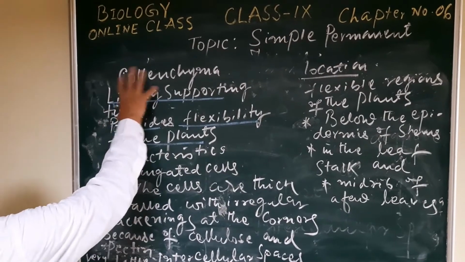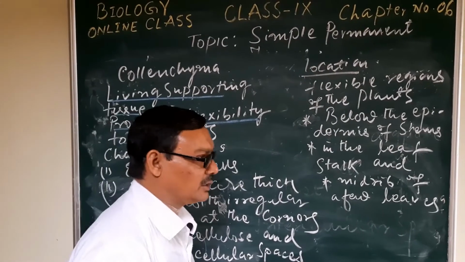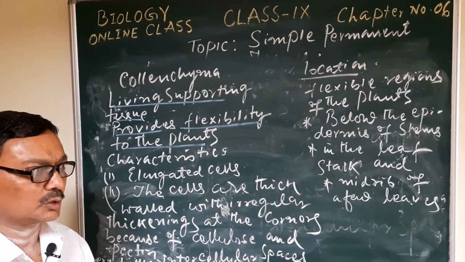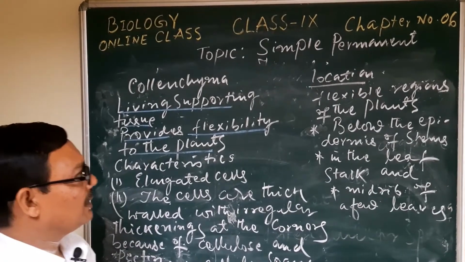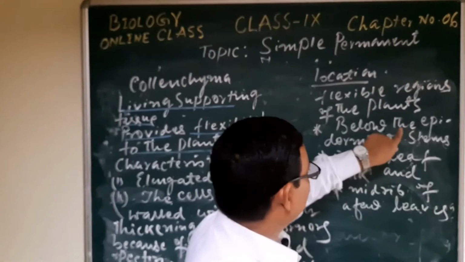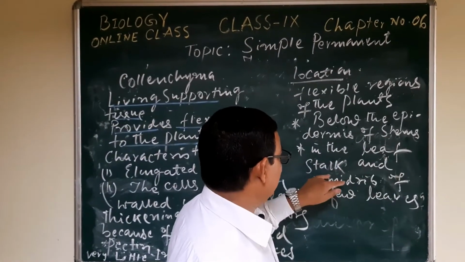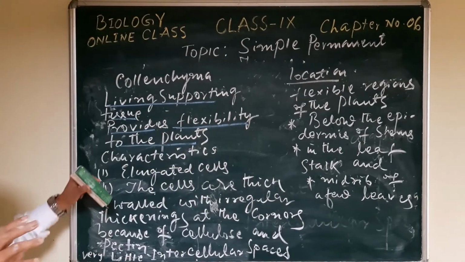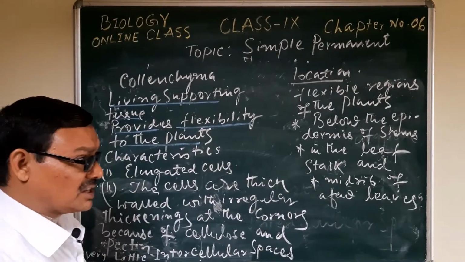As this Collenchyma tissue is related with the flexible regions of the plants, those parts of the plant which are usually bending, which are flexible, are where these tissues are mainly present. What are those flexible regions? Like below the epidermis of stems, in the leaf stalk, and the midrib of a few leaves. As you well know, a plant is non-motile.